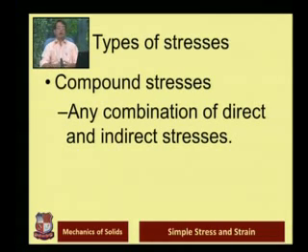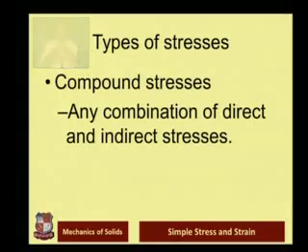That is, we can pull the object or material and we can bend it at the same time. So a combination of more than one stress, whether direct or indirect, is known as compound stress. Right now our main focus is on direct stresses, so we will be dealing with direct stresses only.